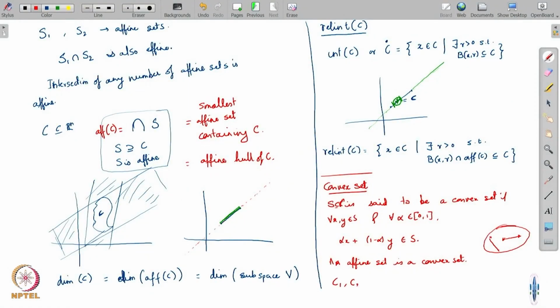Suppose C1, C2 are convex, then what about C1 intersection C2? Always convex, right. Here is a convex set, for example, intersected with another convex set, the intersection is also convex. Okay.